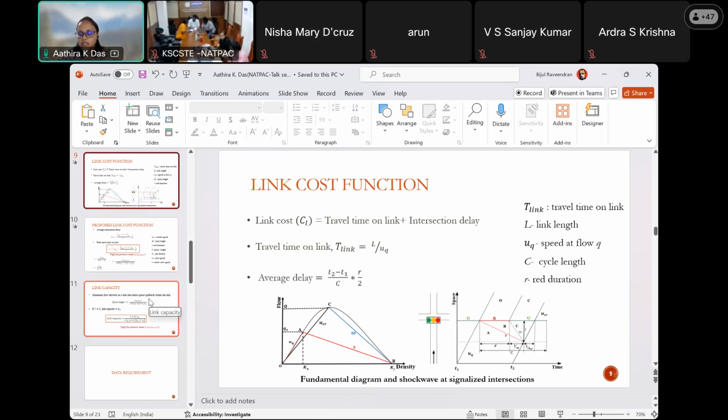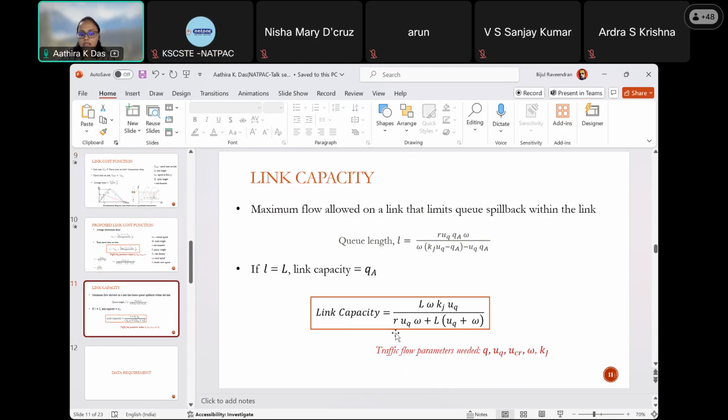We are treating that link and the downstream intersection as one unit, and the other intersection or link will not have an effect on the capacity of this link. The flow on other links or intersections will not have an effect on this link. According to that, the expression for link capacity is given.